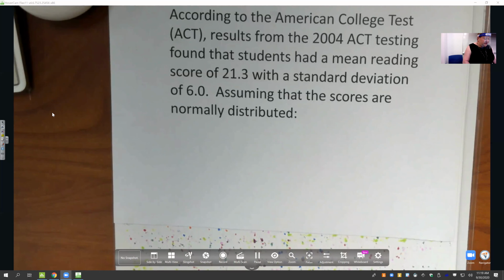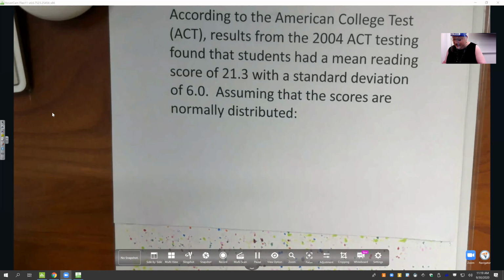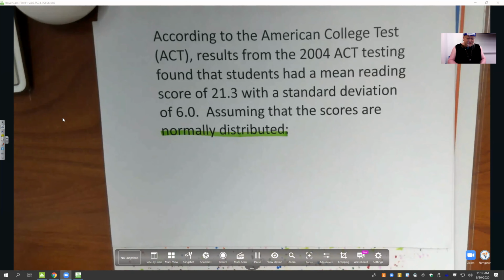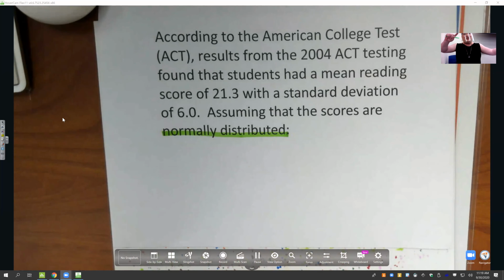There are 3 things that you have to know in order to work the problem. First off, we have to know that our distribution is normally distributed. Somewhere in the story, phrased some way, it's going to tell you that it's normally distributed, which is the big clue that you're going to use the normal distribution.